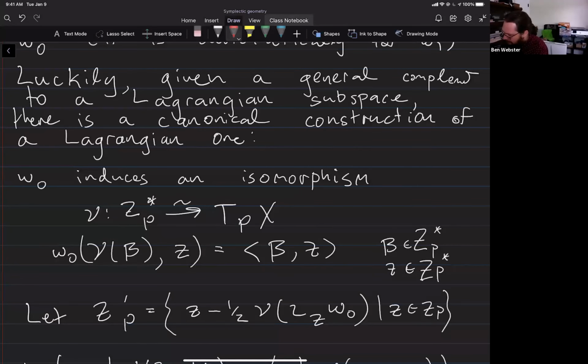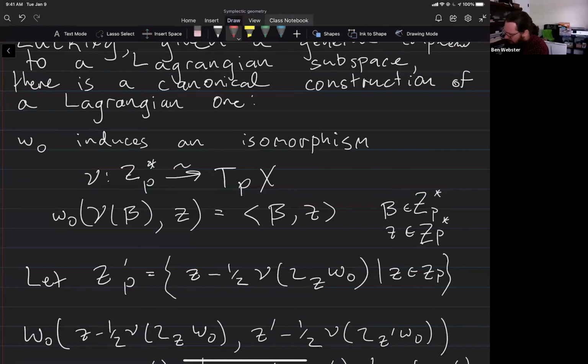And let me just write this down because it's actually a nice slick little piece of linear algebra. So my original symplectic form induces an isomorphism from the dual of this complement Z, so that's the co-normal space, to the tangent space of my submanifold.